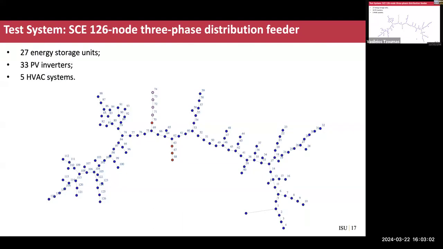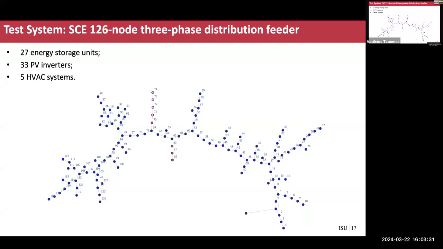So here's what we use to test our aggregate flexibility result. We are using this Southern California Edison 126 node three-phase distribution system feeder. As we can see, different colors mean different phases. The blue dots, I assume, are three-phase loads, and with different shades of red and pink, we have two-phase and single-phase loads.